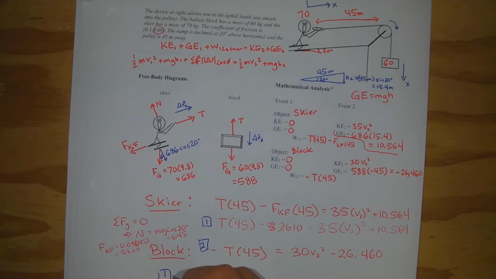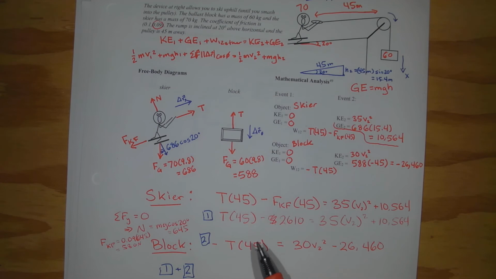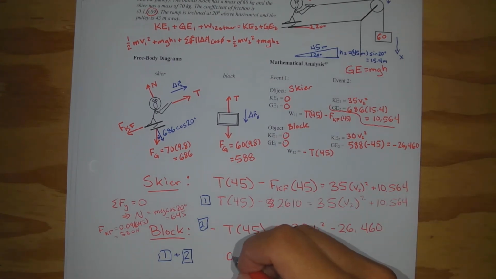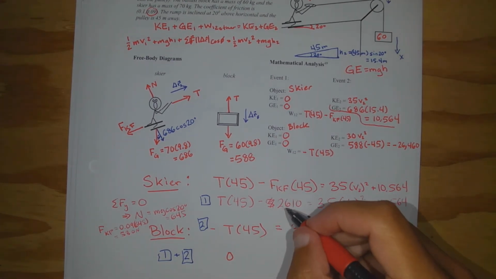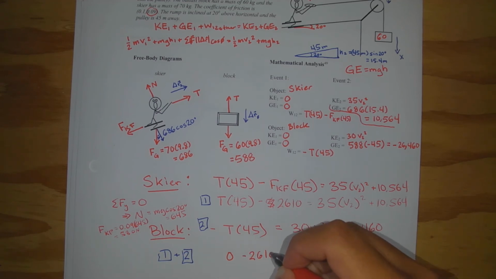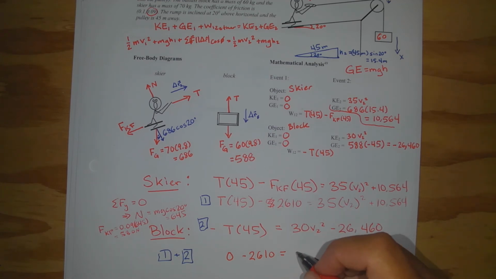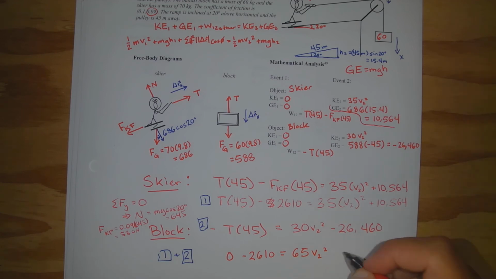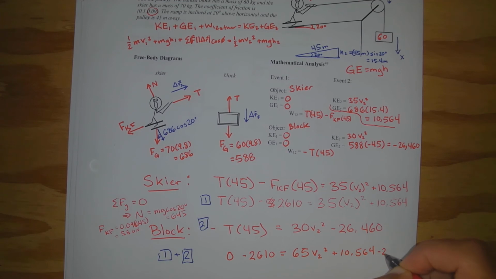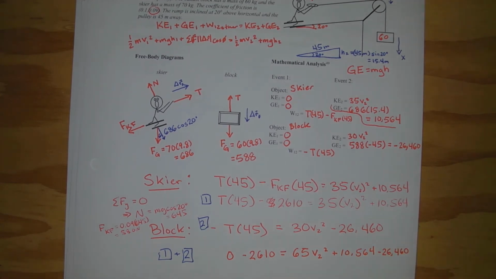If I add 1 and 2 together, I have T times 45 here, I have negative T times 45 here, so that will give me 0 when I add those together. And then I have my minus 2,610 here, which is equal to 35 plus 30 times V2 squared, so that gives me 65 times V2 squared plus 10,564 minus 26,460.